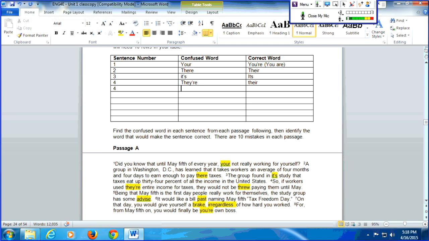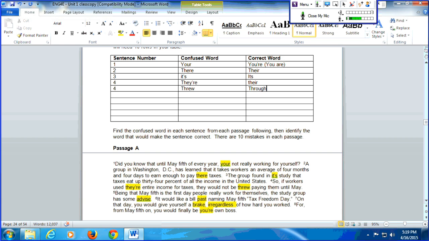So here we have the word through, not through paying. So the correct word is another form of through. The one that we had was threw, as in I threw the ball to someone. The other one would be THROUGH, through.